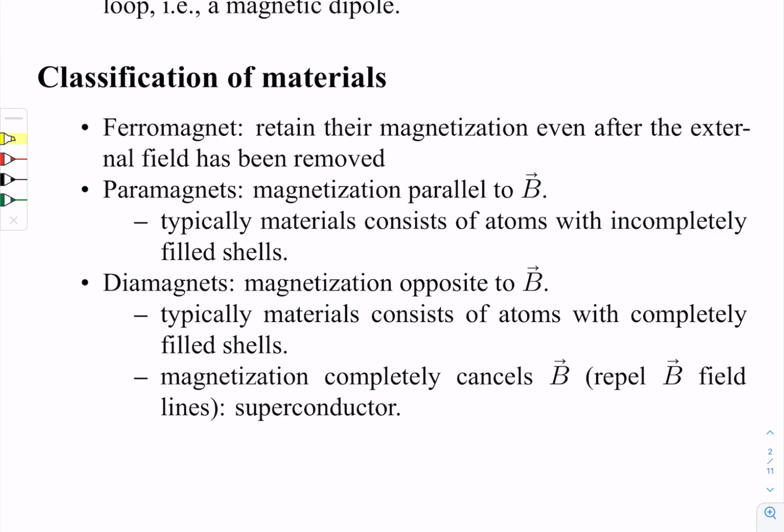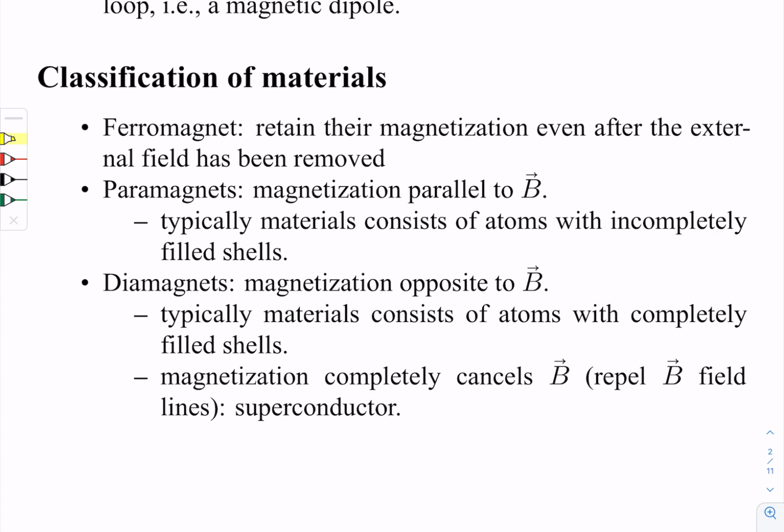Just like how an electric dipole responds to the E field, this magnetic dipole will also tend to align with the magnetic field. For this kind of material, we call them paramagnetic, so the magnetization is parallel to the B field.